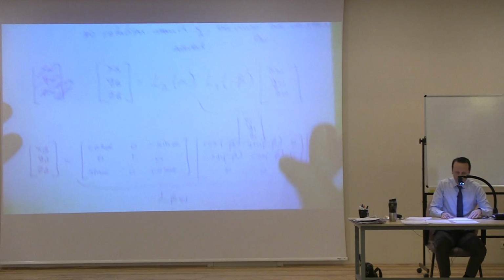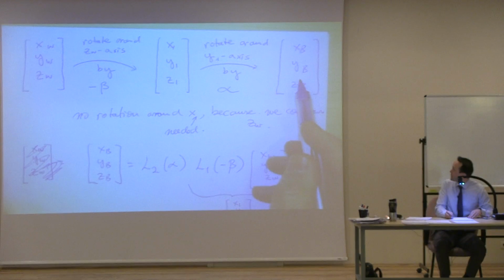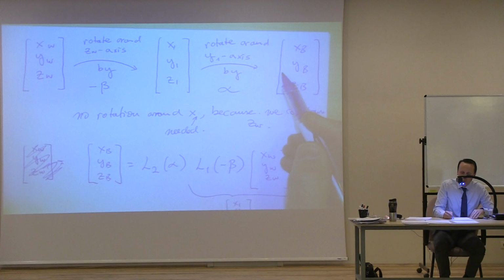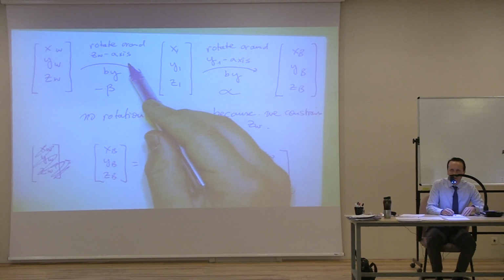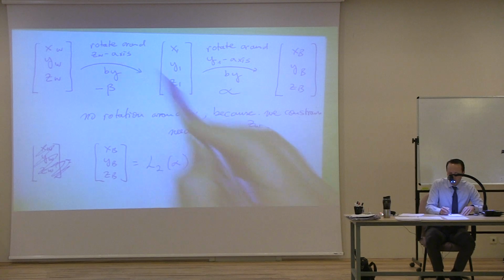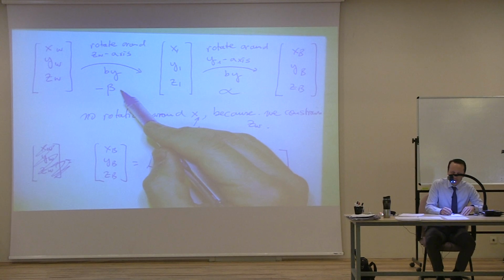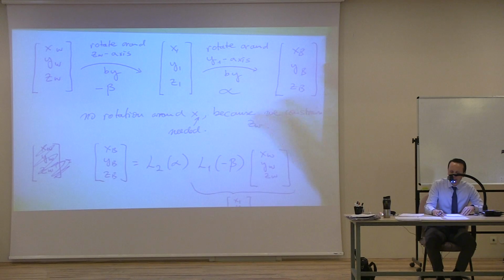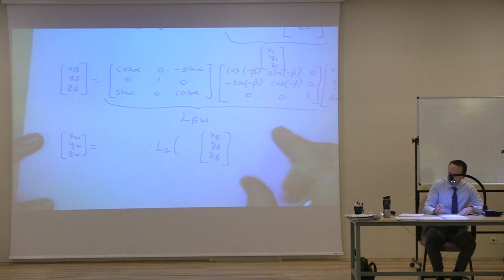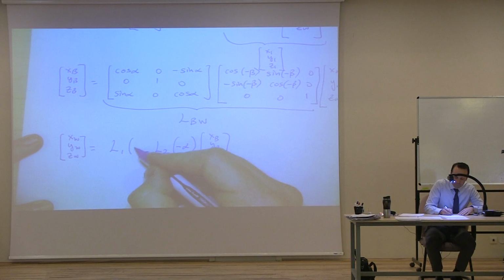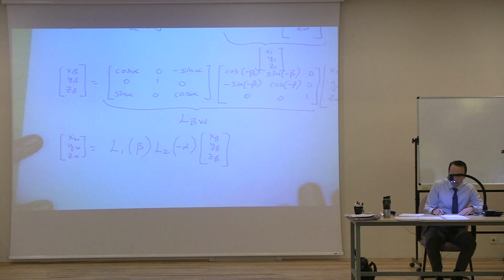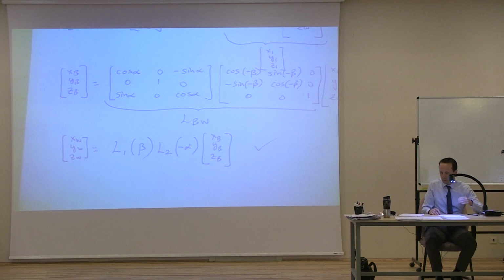If you want to go the opposite direction, which means you want to go from here to here, you would first need to rotate this around the y-axis by a minus alpha, right, the opposite way, and then from here to here, rotate it around z1 in this case, by plus beta, and you would obtain the wind axis coordinate system. So it would look like this, L2 minus alpha, and L1 beta, right? So it would go in the opposite direction. So this would be the other coordinate transformation.